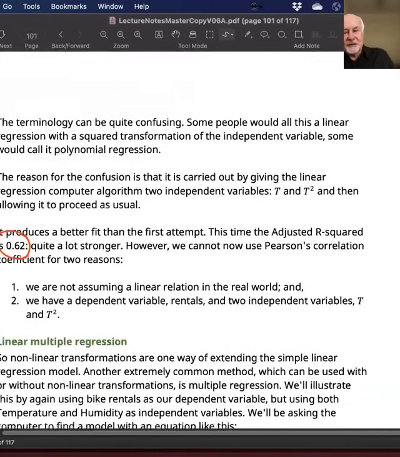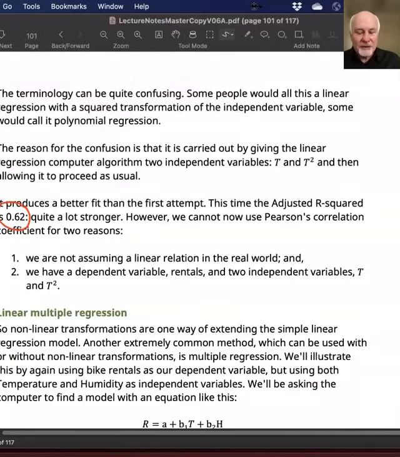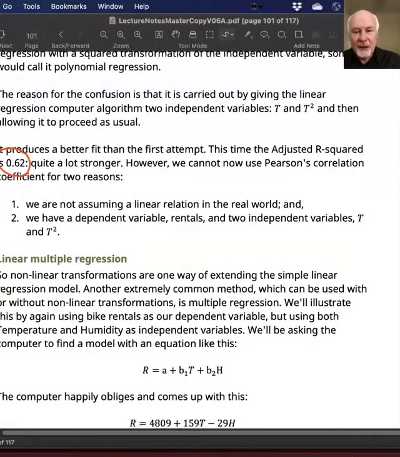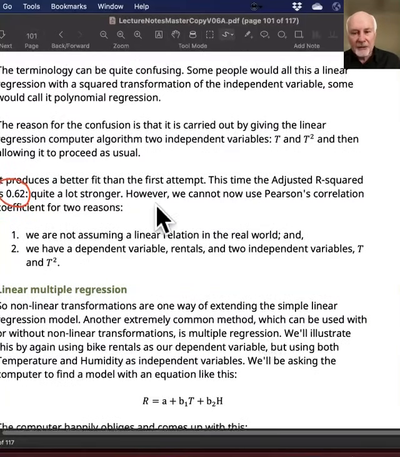It's pretty extensively studied. So we've got good reasons to think it's a non-linear relationship. The second thing is that we now don't have a linear equation. So we just forget about Pearson's correlation coefficient now, and we would just report the R squared.